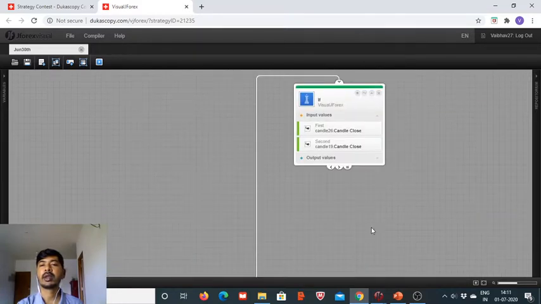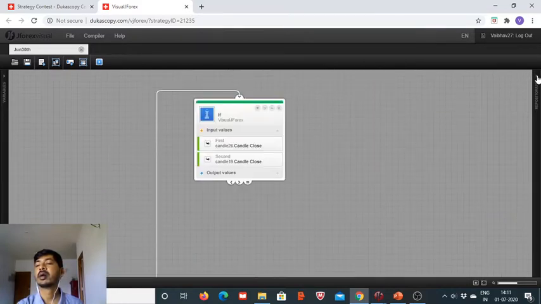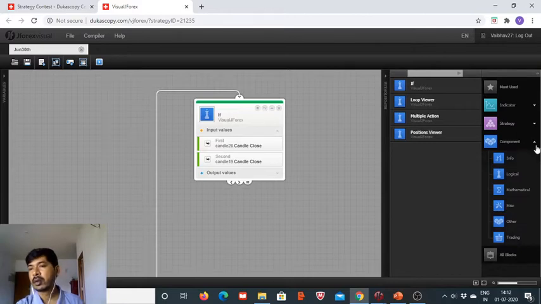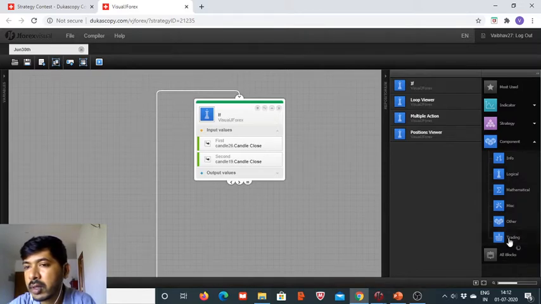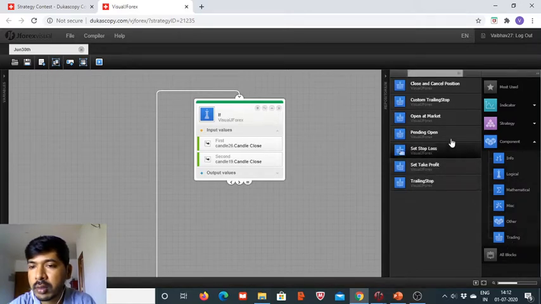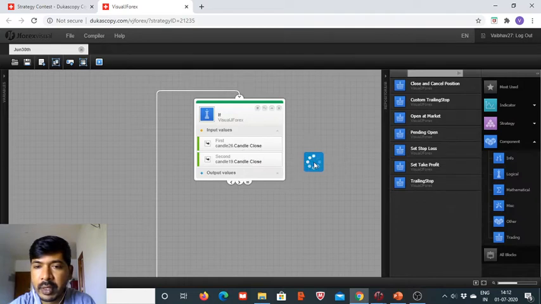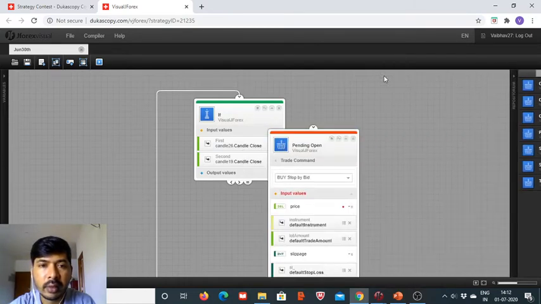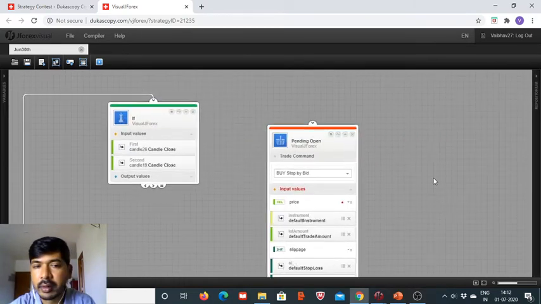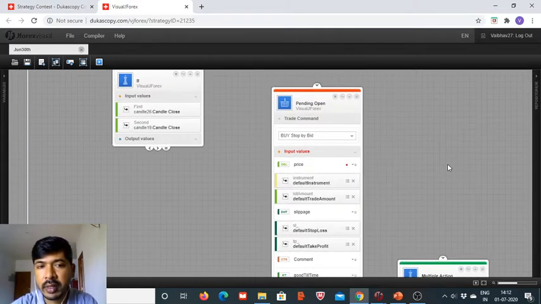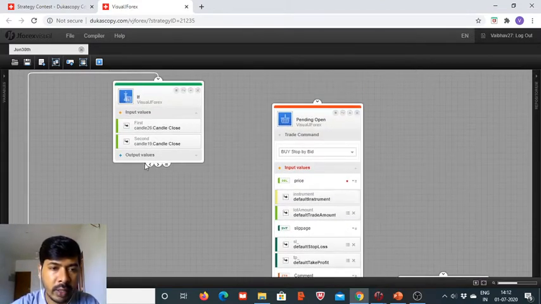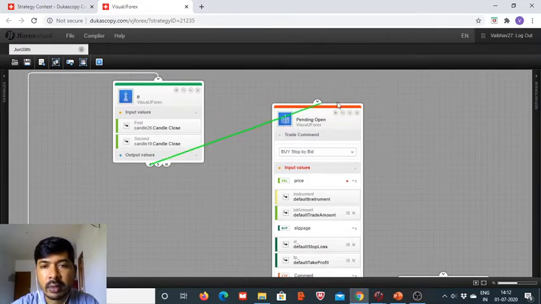Now we need to bring in the pending open, and that is going to be the trading block. So here is the pending open order, and as I said, candle 26 close needs to be lower than the candle 19's closing level.